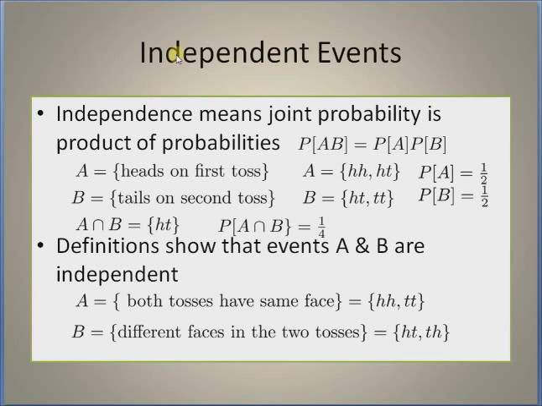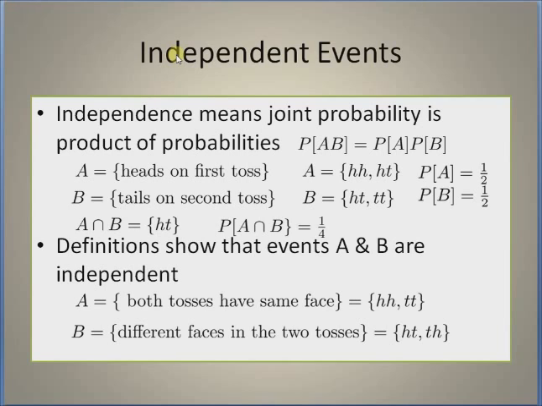From the definitions also we can see that these two events are independent, since the outcome on the first toss is always going to be independent of the outcome of the second toss. But that does not mean that they do not have an intersection, because we can clearly see that the events A and B have an intersection, that is, the outcome heads and tails.